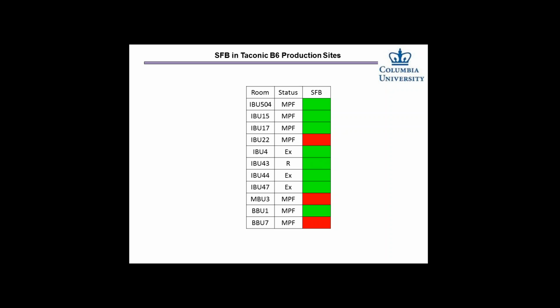Now we know that every single room, even within a location, within the same company or even within the same academic facility, has a very different microbiota. In fact, even different racks in the same room may have different microbiota. So it's important to know that you cannot equate SFB presence with Taconic mice and SFB absence with Jackson mice.